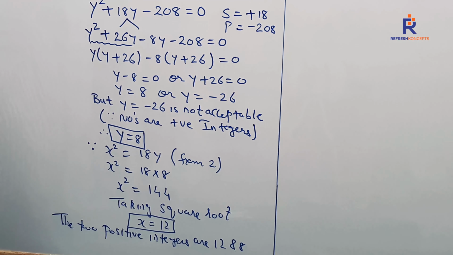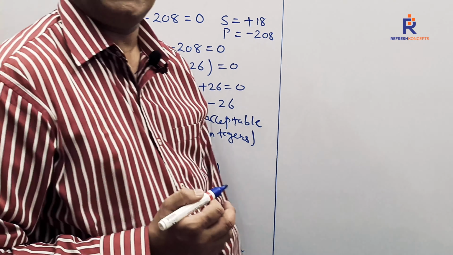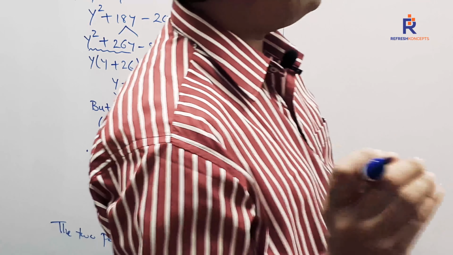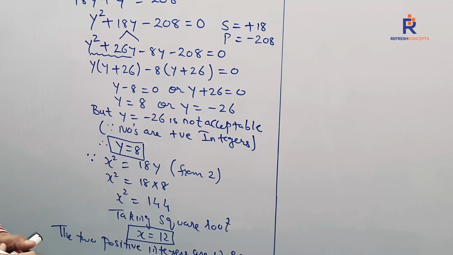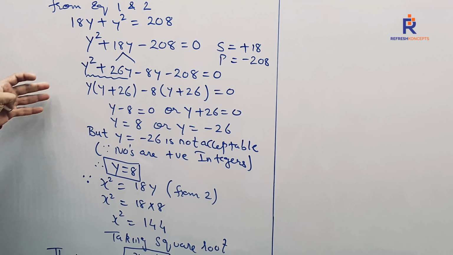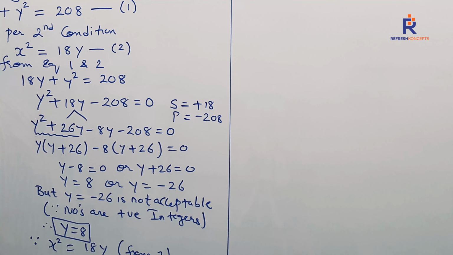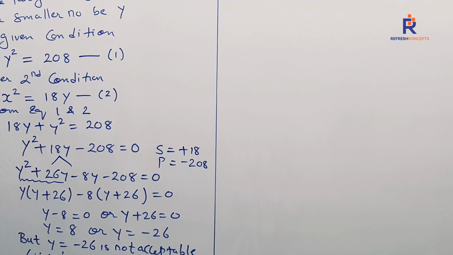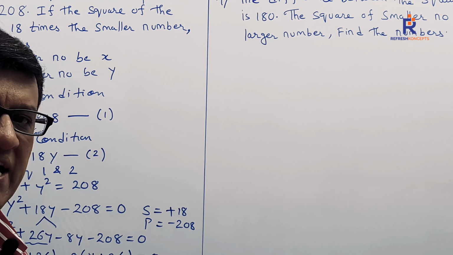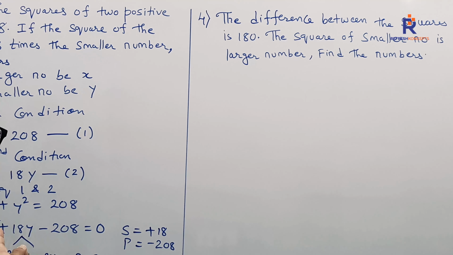From equation 2, can I say x square is 18 into 8? x square is 144, taking square root, x is equal to 12.